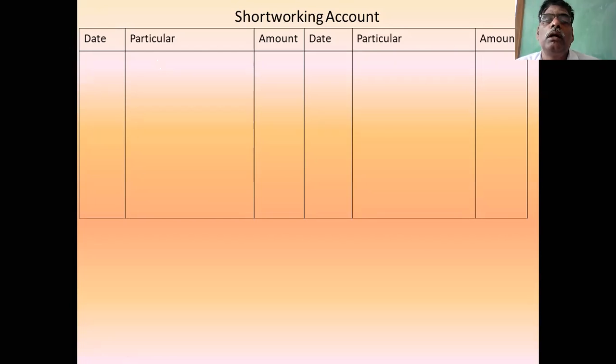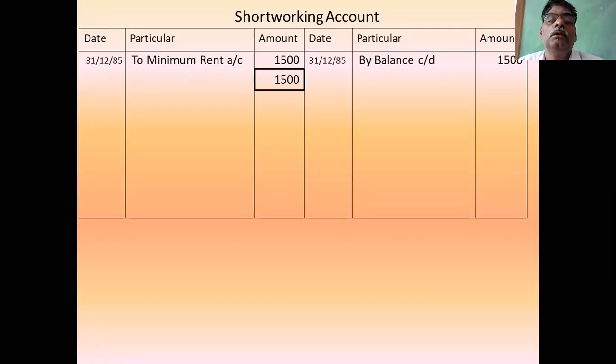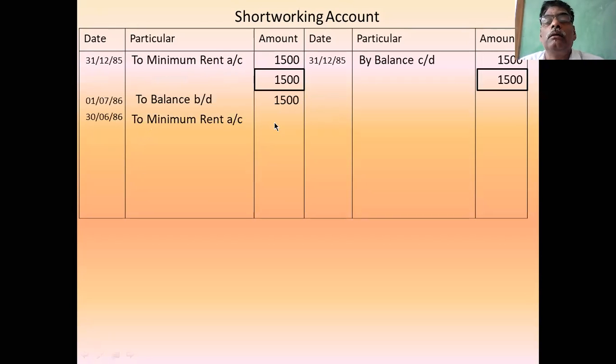You see here, minimum rent account 1,500. In the original method, we recorded landlord or lesser name, but we changed here to minimum rent. Credit side, there is no change. Credit side, same items. By balance carried down, total, then balance brought down, again minimum rent for SW amount.